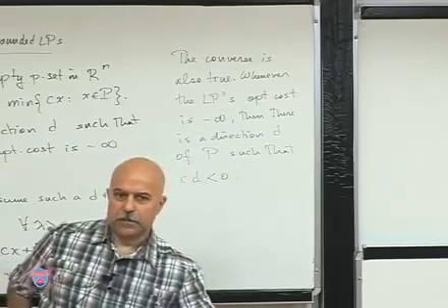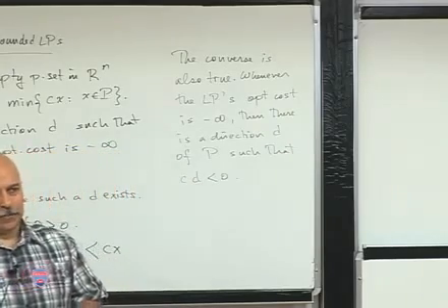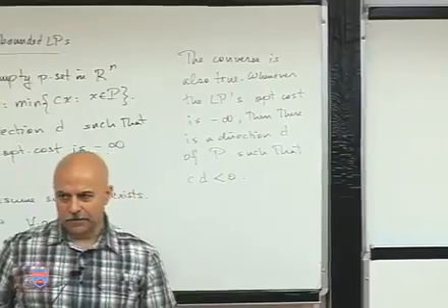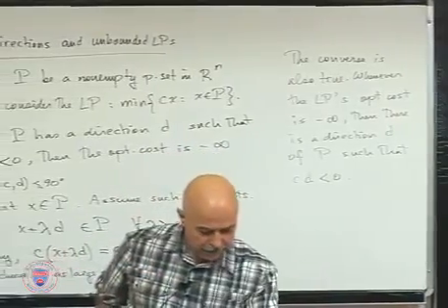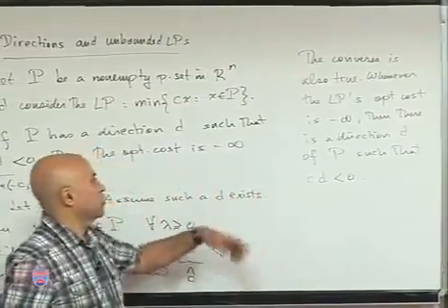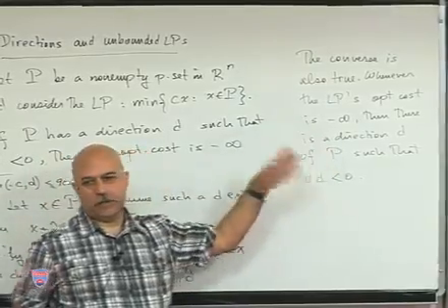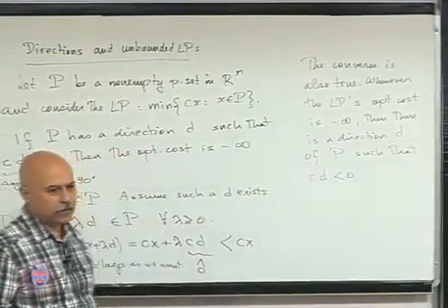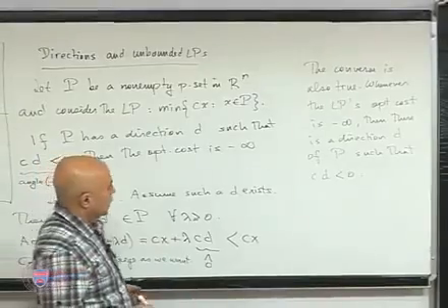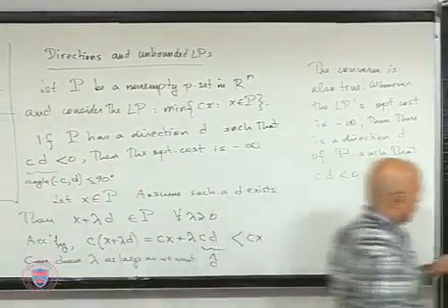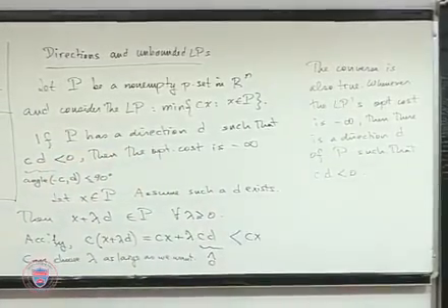Of course, for a maximization, CD must be positive rather than negative. I'm not going to argue for the second part. You can just do it on your own. It's straightforward. Okay, let's just continue with a little bit more.